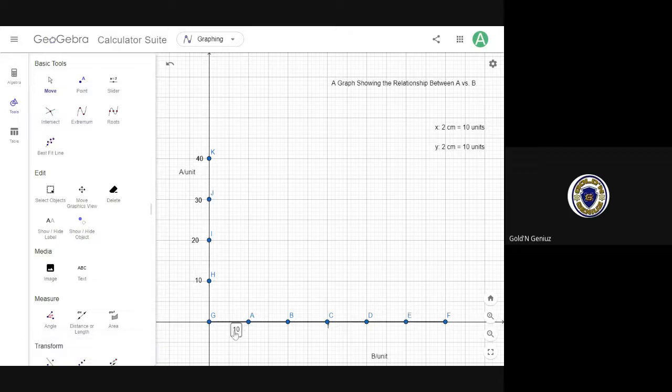So right here we have 10, 20 also, 30, 40. Let's duplicate this. This is gonna be 50. That is gonna be 60.